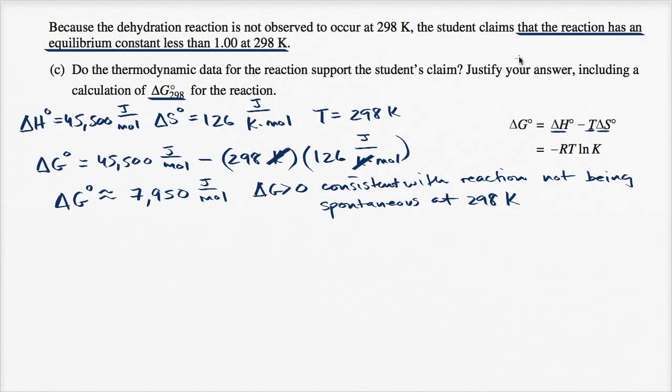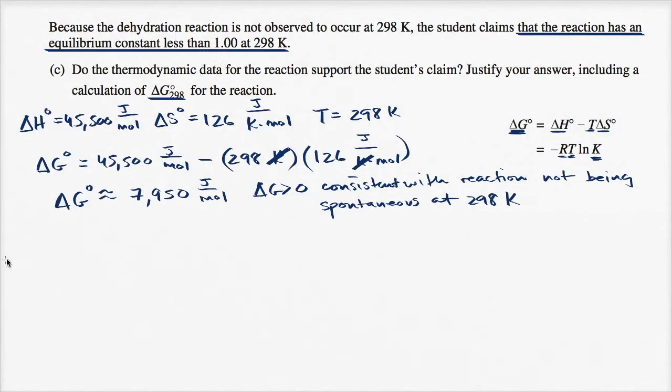We want to validate the claim that the reaction has an equilibrium constant less than 1 at 298 Kelvin. And lucky for us, they also give us the formula that ties our delta G to our equilibrium constant. And we know the other things. We know R and we know T. And we might not actually even have to think about them, because they're not even telling us to calculate the equilibrium constant. They're just saying we'll validate that it's going to be less than 1.